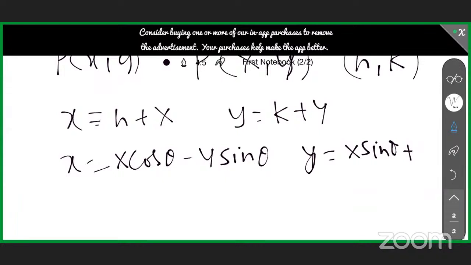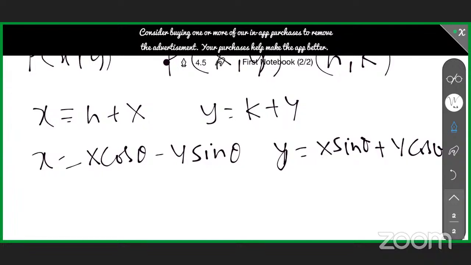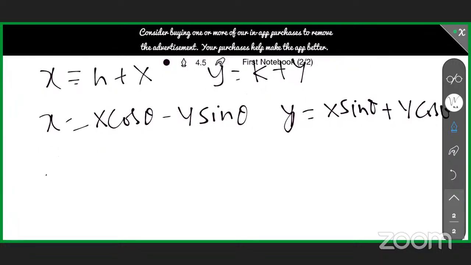Plus y cos theta. Sorry, y cos theta, correct. So now what we are doing is we are combining these two and writing this one. My x will become here h plus x cos theta minus y sin theta.